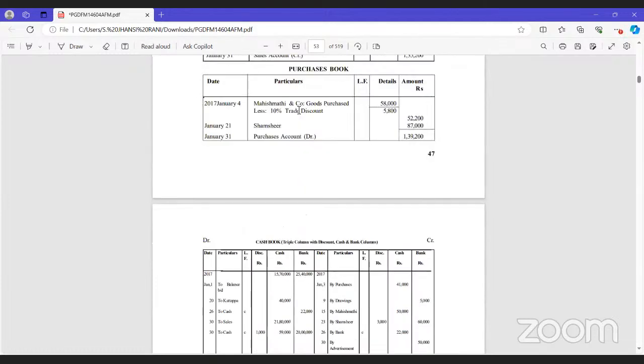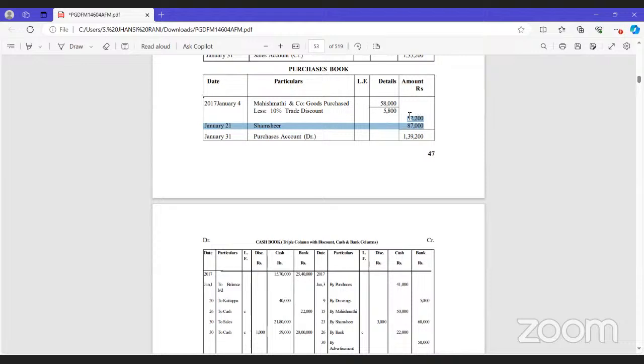Here we take only goods, meaning what our business actually deals in. If you are a stationery shop where you sell books, books are your purchases. If you are purchasing some computer, that is not your goods. That is purchase of an asset, and purchase of assets will not be taken in the purchase book.